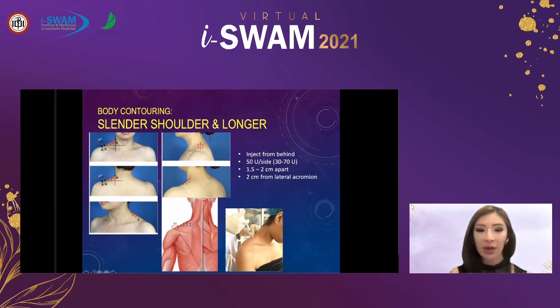You can palpate and pinch the trapezius muscle. Make the first injection point 2 centimeters away from the neck, and 2 centimeters away from the lateral part of the acromion. That is the most lateral side of injection.